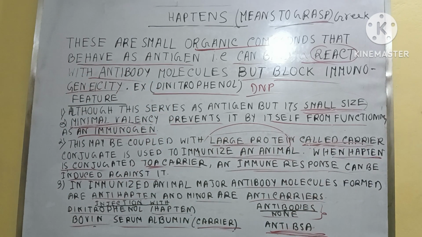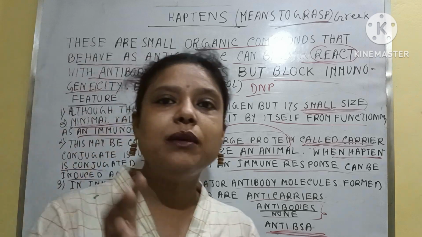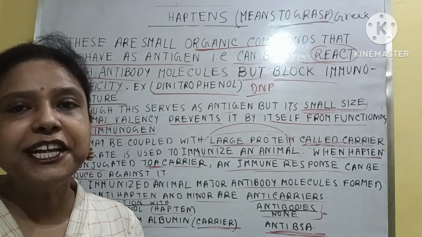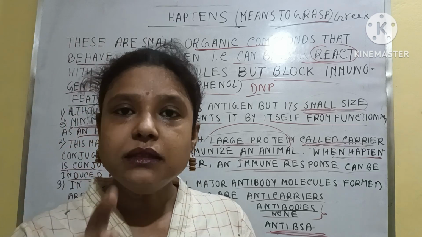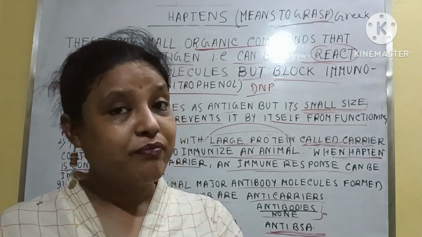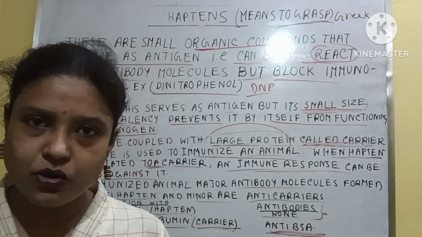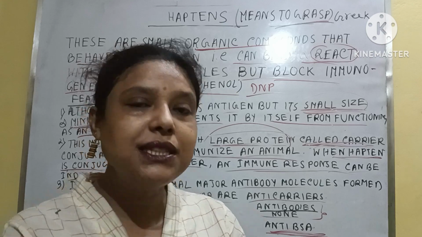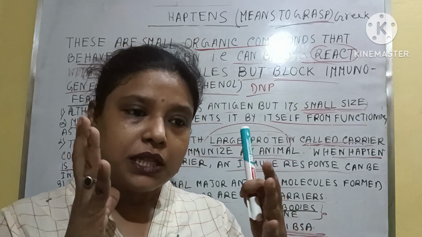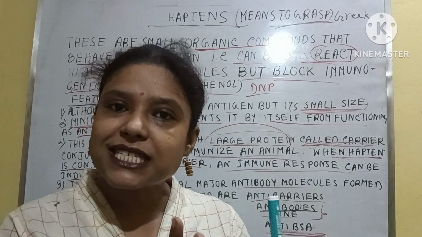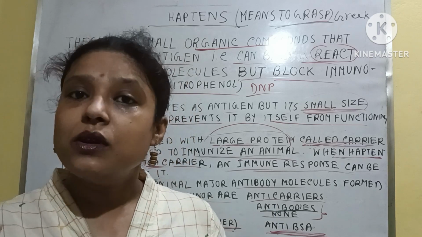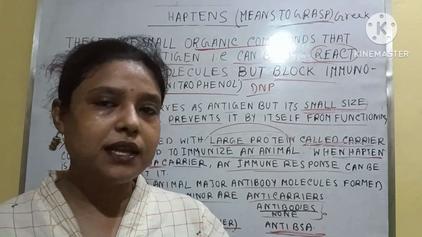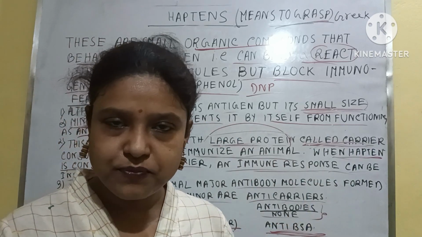And this is possible, that means continuing the immunogenic activity is possible if this carrier is binding with the hapten and then the conjugated molecule binds with the antibody molecules. Okay, that means not only the hapten singly, but the hapten with the carrier, this complex molecule can bind with the antibody molecule, then the immunogenic reaction continues.